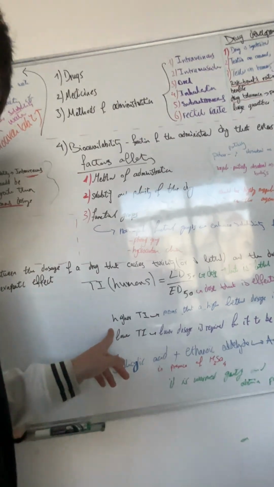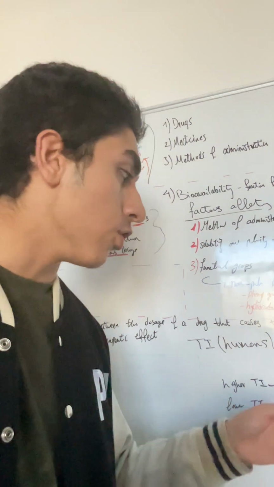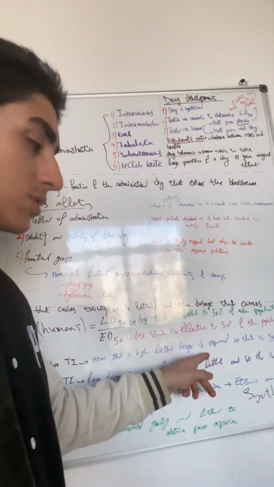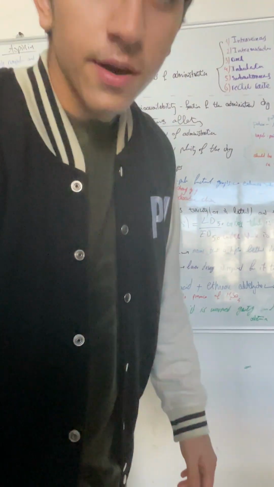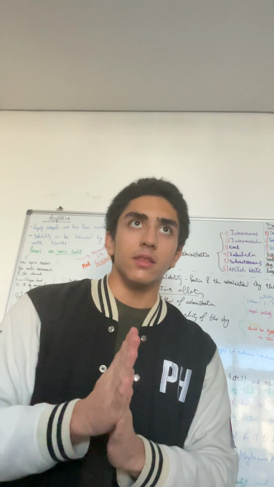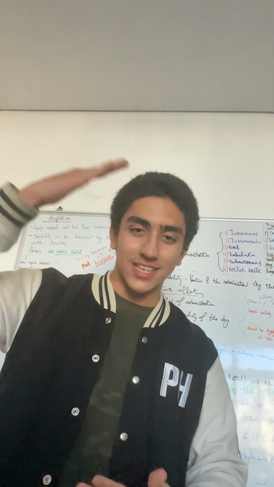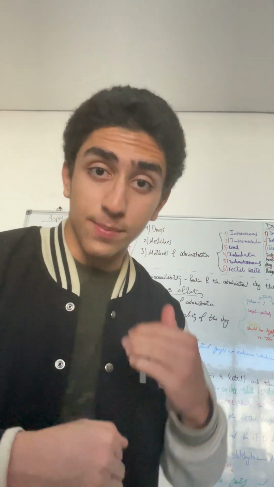And so a higher therapeutic index or therapeutic window means that a higher lethal dosage is required. So if the therapeutic index is higher, it means that the lethal dosage is high, and so a larger therapeutic index is safer and better, because it means you require more dosage for that medicine or drug to be lethal.